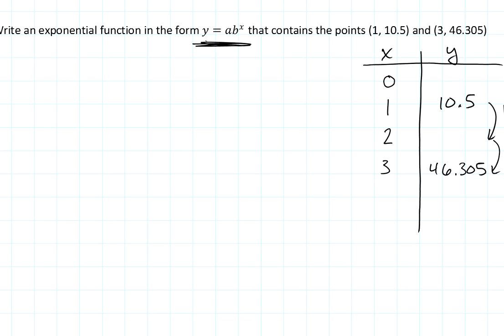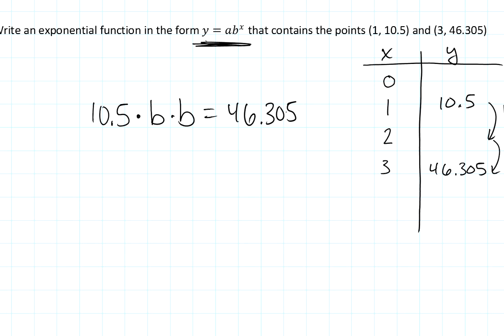So if I take 10.5 and multiply it by b and then by another b, I would have to get 46.305.